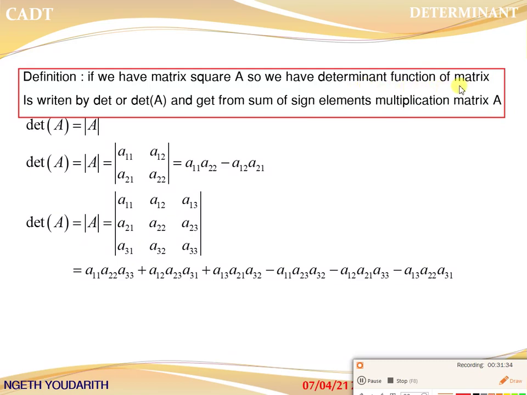The determinant function of a matrix is written by DE or DET, and is gotten from the sum of signed element multiplications of the matrix. This is the definition of the determinant.